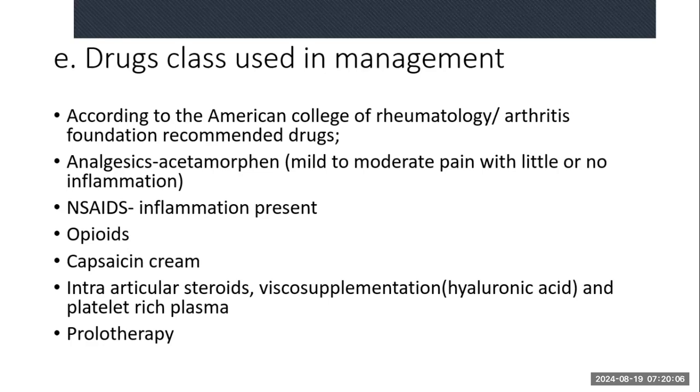So the role is that sometimes they inject it back into the joint, as if there is a deficiency of a particular thing in that joint. They try to inject it back to see whether there is improvement. So it's like a replacement of what is lost in the joint space, at least from what I came across. Thank you.